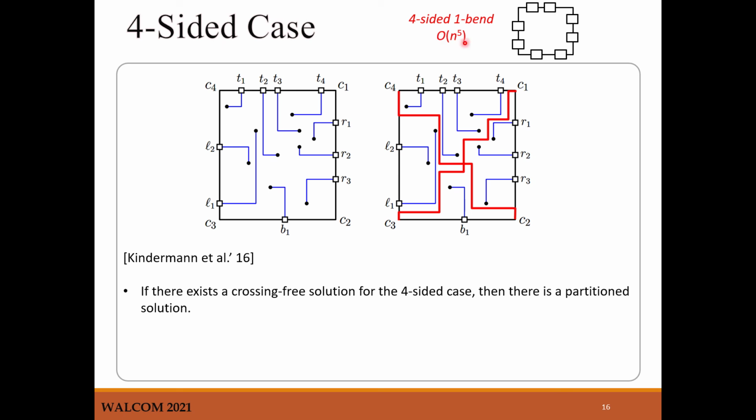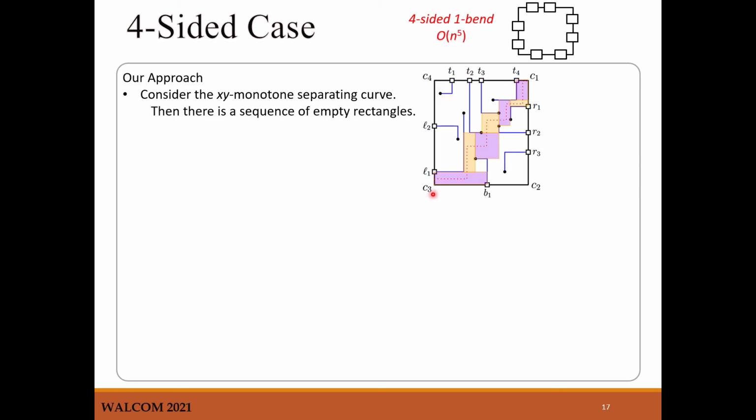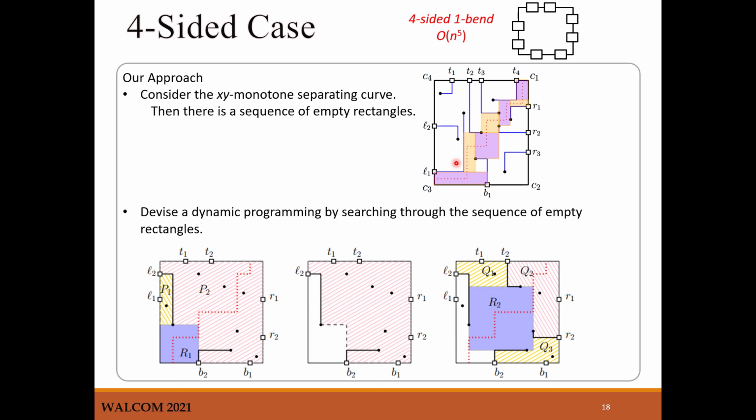We will use this idea, but in a slightly different way, to get an algorithm with order n to the power 5 running time. If you have a partitioning orthogonal polyline like this red dotted line, then we can also find a set of maximal empty rectangles. So our dynamic programming takes advantage of this sequence of maximal empty rectangles.